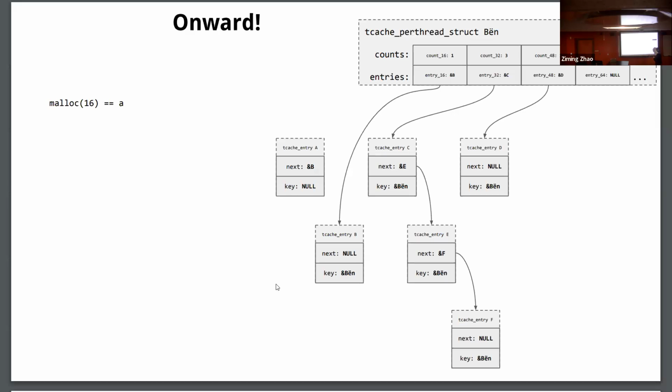Then we go to the bin for the free 16-byte chunks, and we find that there is a free one, and we return this one. This is the head, and then the head will go to the next one. So this is how we reuse a memory or malloc chunk, and we do not need to create a new malloc chunk, right?